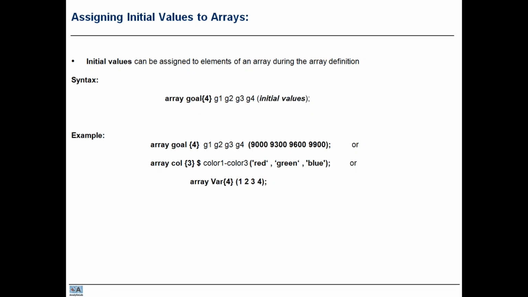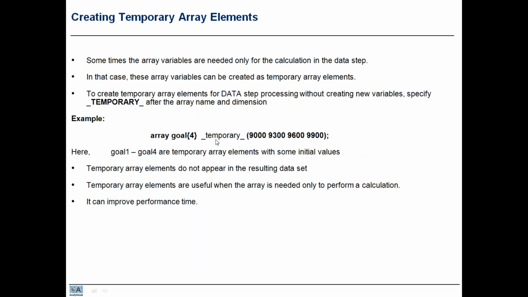I might not want to store these values in my final data set. If that is the case, I will also add the word _temporary_. So in this case, SAS will not create these 4 variables in the final data set. Make sense to everyone?